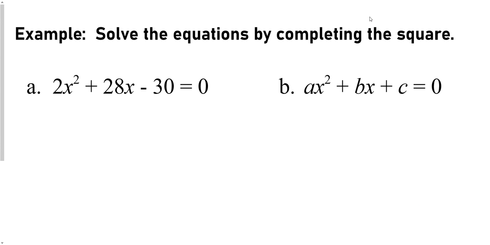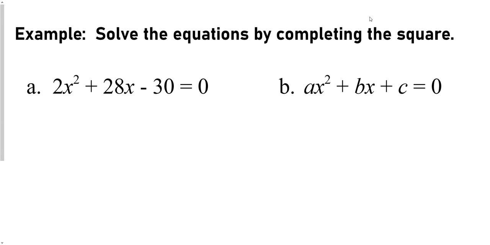So let's solve these two equations by completing the square. First off, we have 2x squared plus 28x minus 30 equals 0. Remember what I said before, that when you have a factor in front of the x squared, it's helpful if you can divide it out.